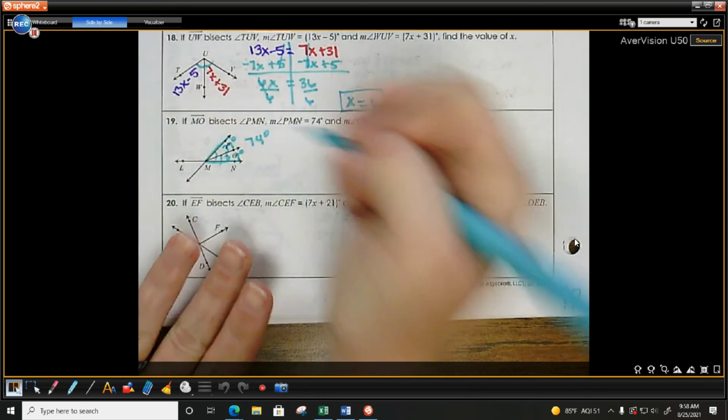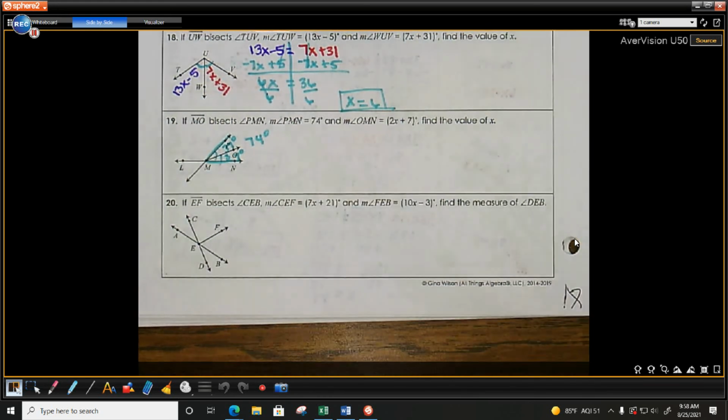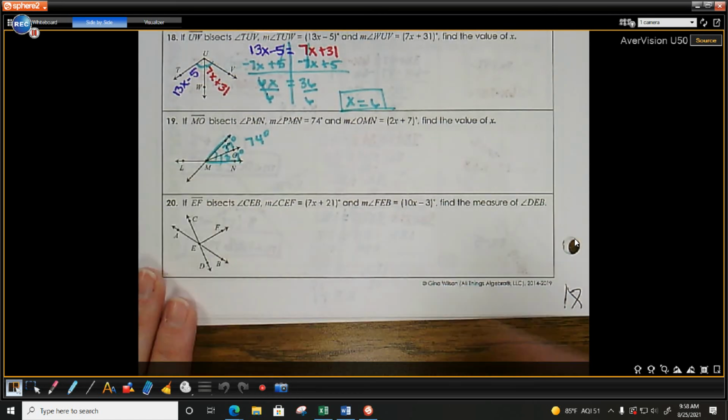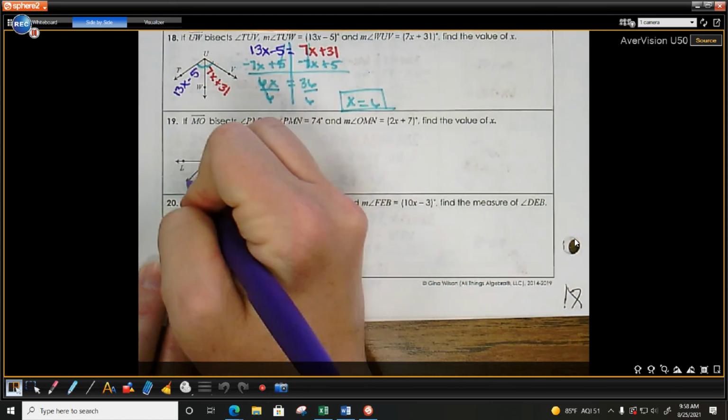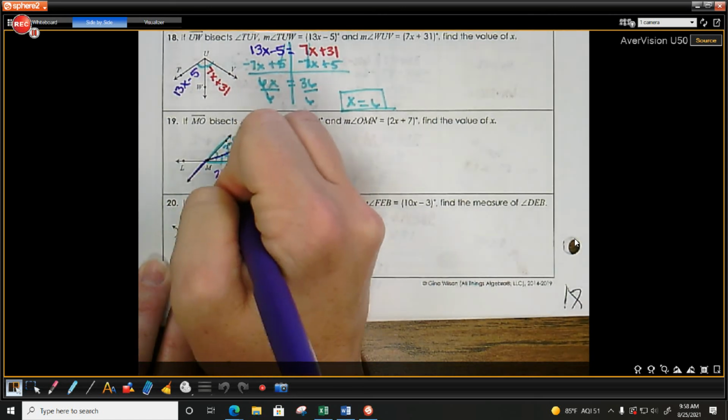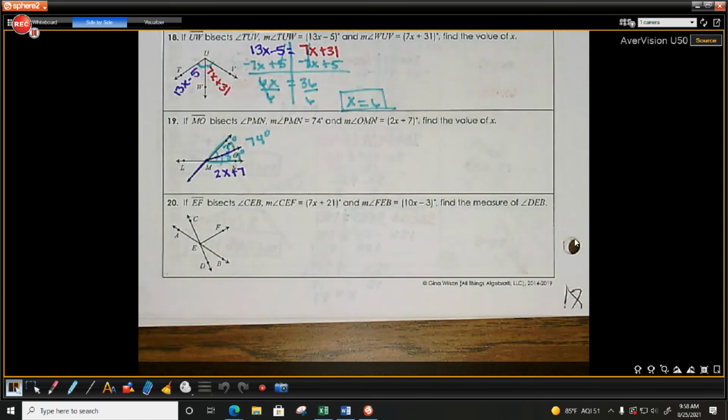Okay? The measure of OMN, so this whole angle, is 2x plus 7. Okay, does anybody have an idea of what we can do? 2x plus 7 plus 37 is equal to 180. Okay, so if I just add the 37, is this 180 degrees?